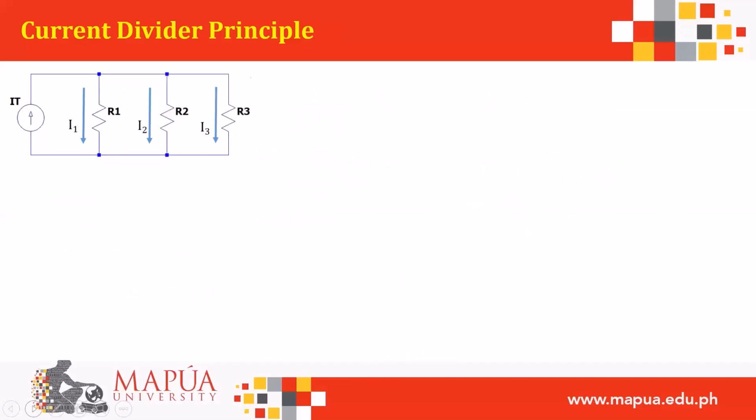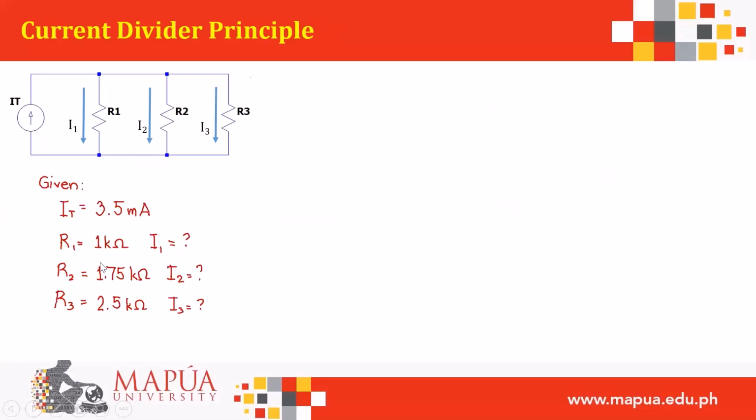What if there are more than 2 resistors? Let's try solving this circuit. Given 3.5 milliamperes, R sub 1 is 1 kilo ohm, 1.75 kilo ohms for R sub 2, and 2.5 kilo ohms for R sub 3.